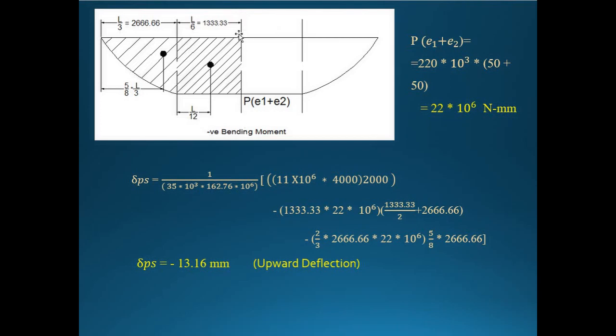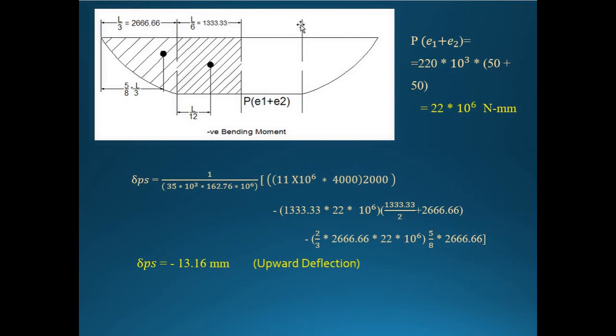We should consider half of it. If we divide it in half, there will be a parabolic area and one rectangle area. Here, be careful while calculating. See the length: L by 3 is from here to here.